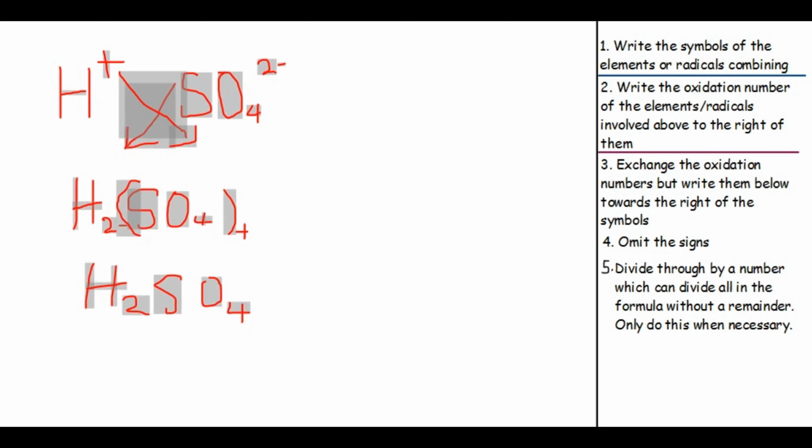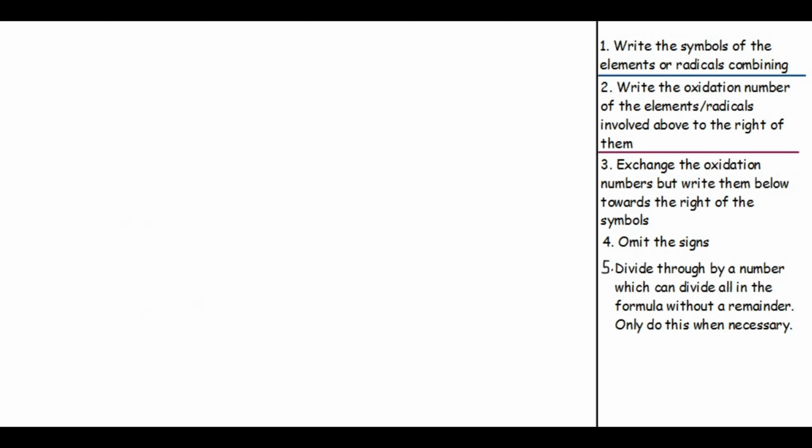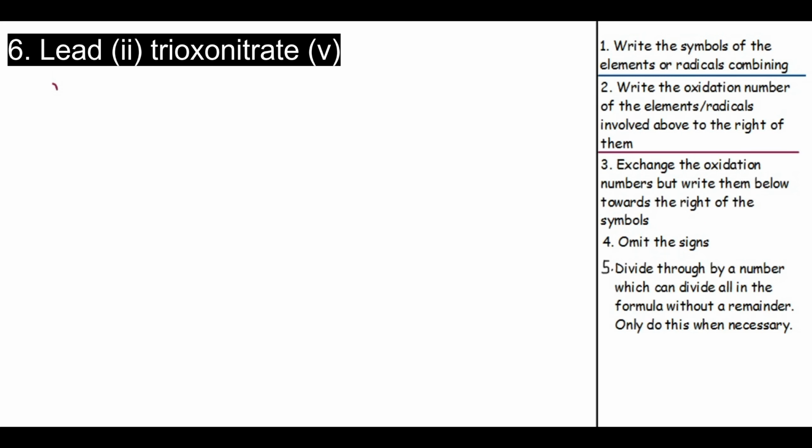Let's try another one. Let's say we have to write the formula for lead nitrate. Lead 2 trioxonitrate 5 rather. We have lead, from the name lead 2, so we'll have 2 plus and trioxonitrate 5 ion.